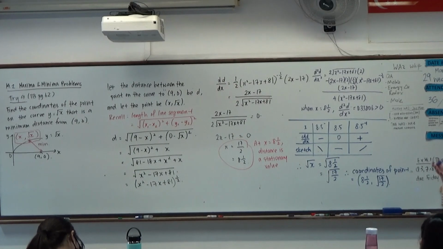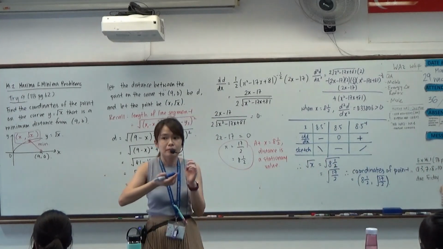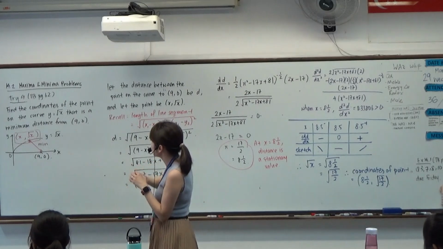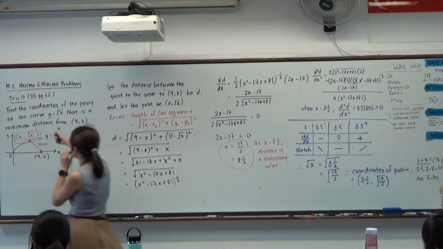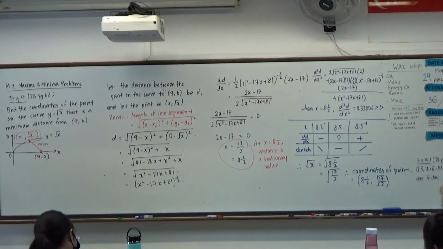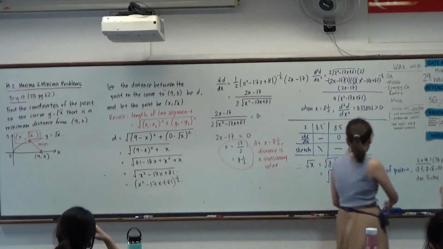Yes, Renee. So that's the same. We don't have to find the minimum distance because they're asking for the coordinates only. The question only asks to find coordinates, but never asks for the minimum distance value. But you can, if you want. If the question asks you, I'm sure you're competent in doing that.